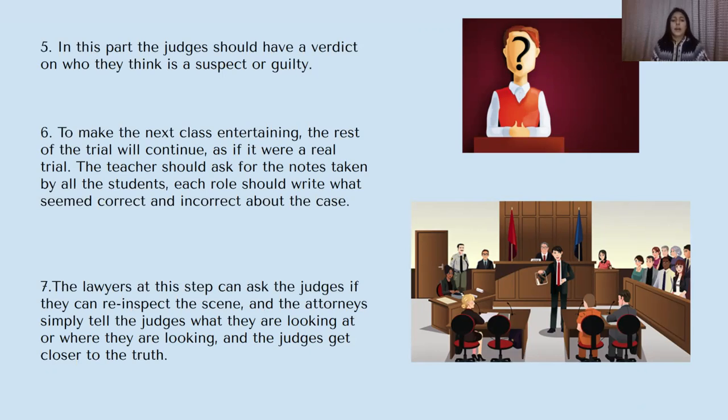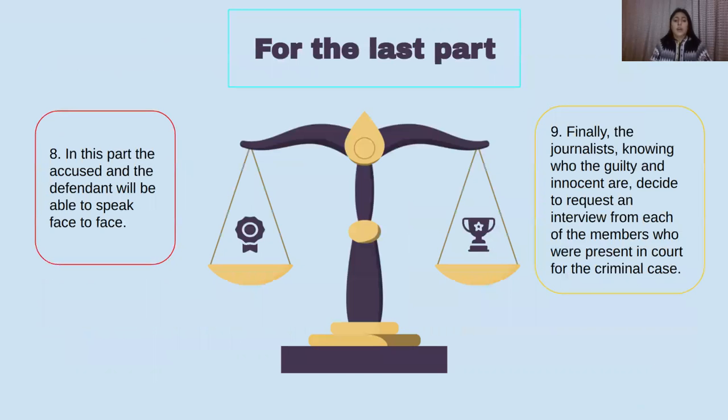And the lawyers simply tell the judges what they are looking at or where they are looking, and the judges get closer to the truth. Okay, for the last part, step 8, the accused and the defense will be able to speak face to face.